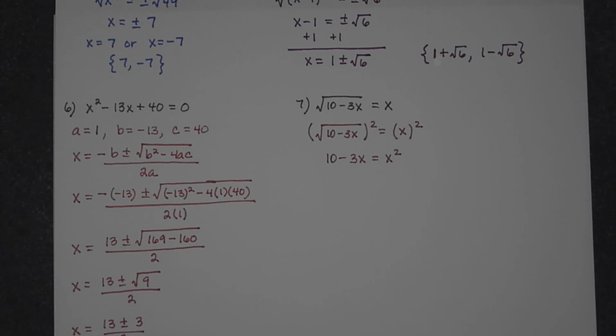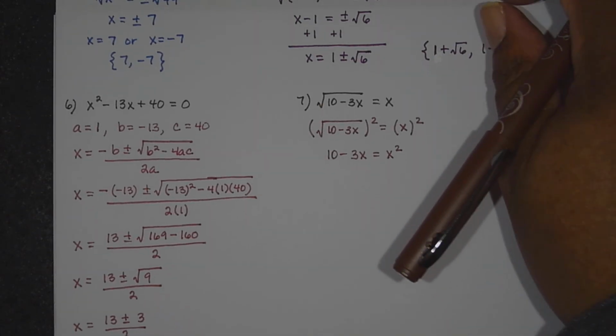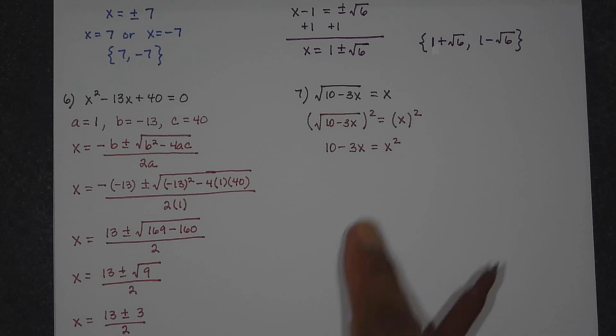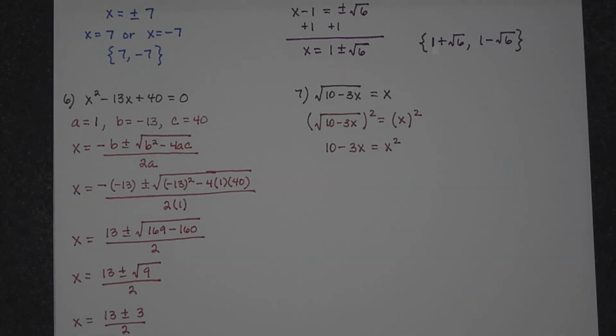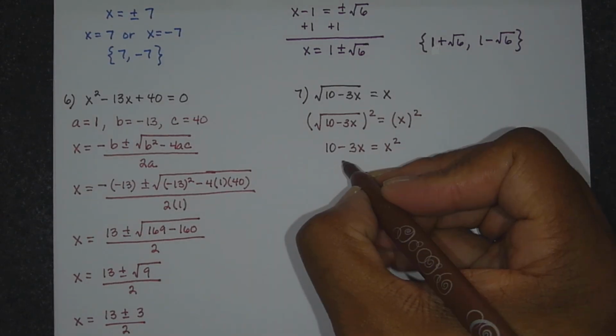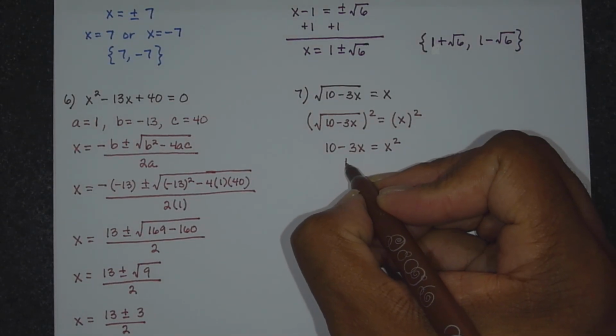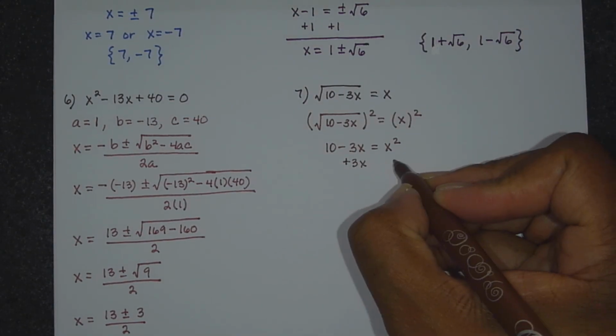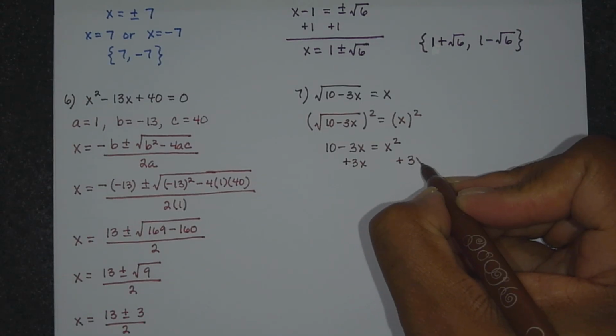Now we have a quadratic equation. So what we need to do here is to get a 0 on one side of this equation. So in this case, I need to move some terms over, like the 10 and the minus 3x. I'm going to move that over to the right-hand side. So for the minus 3x, its opposite would be to add 3x.